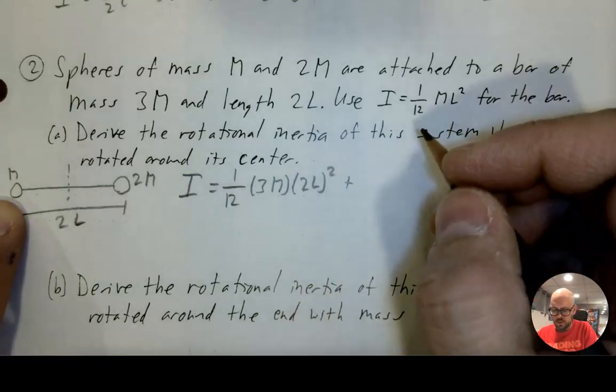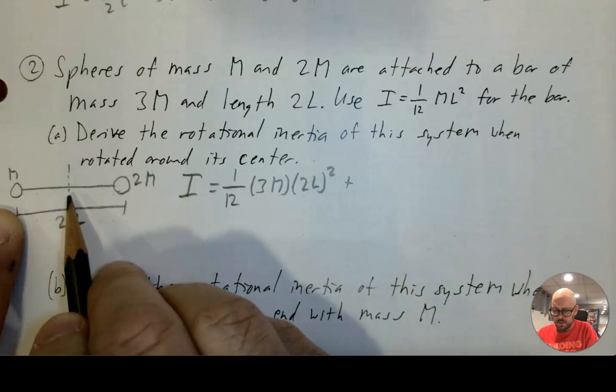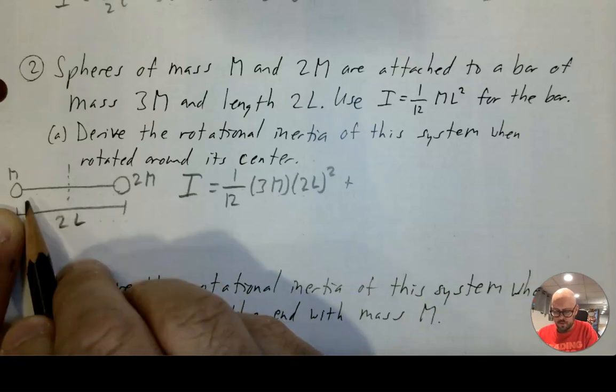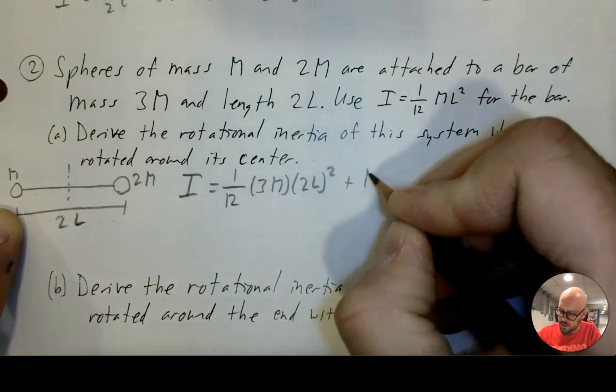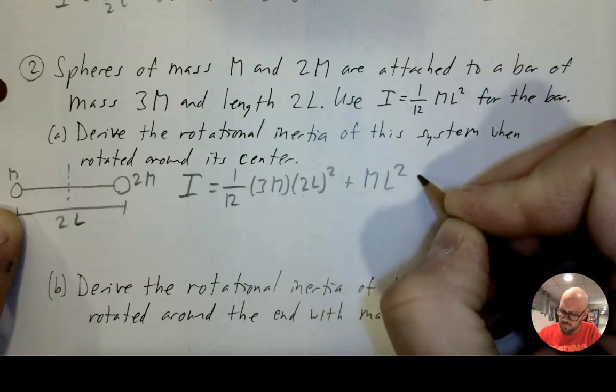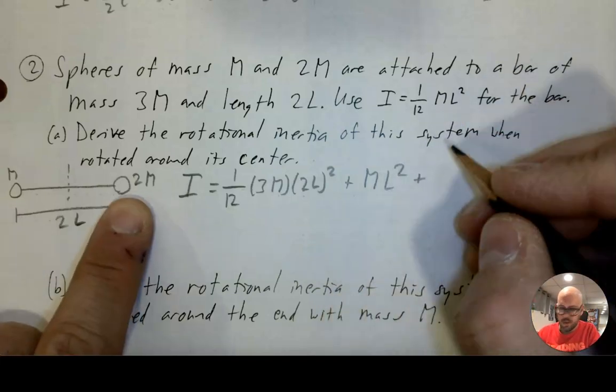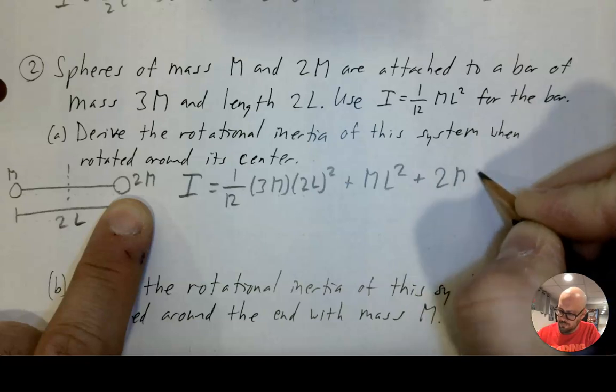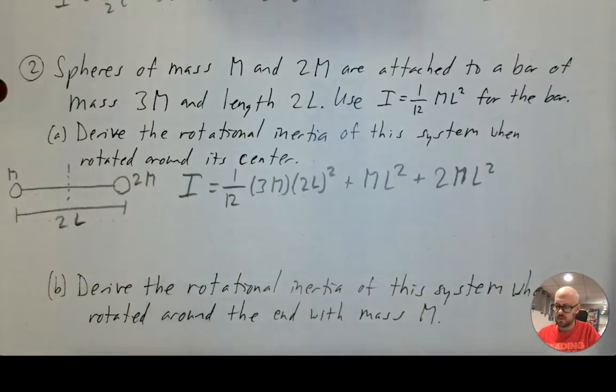And then I want to do each sphere. Each sphere is actually a distance l from the axis, so this is just going to be ml squared, and the other mass is going to be 2m l squared. And I just need to add all of that up.